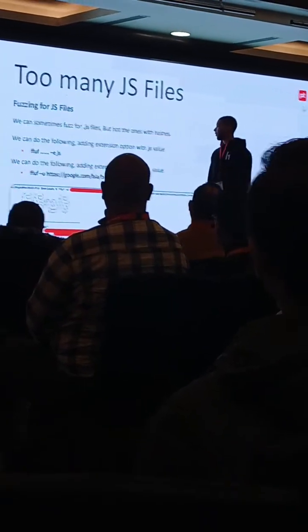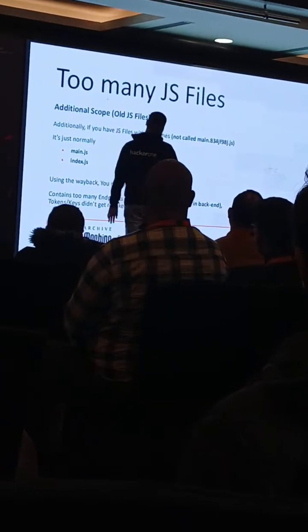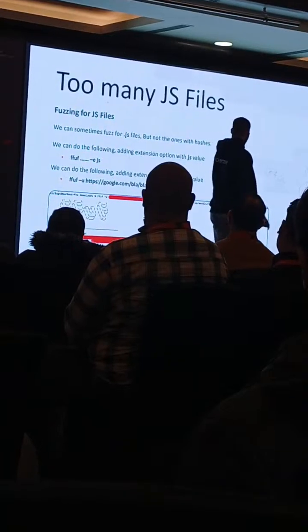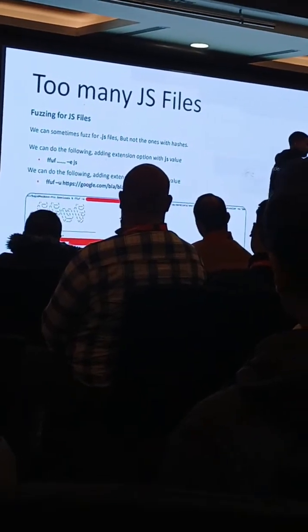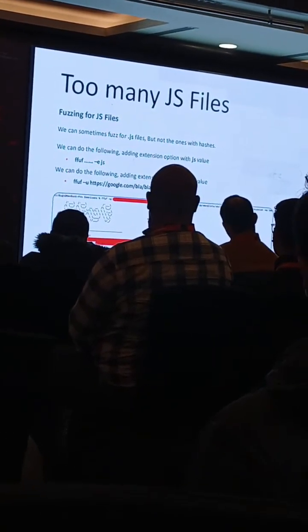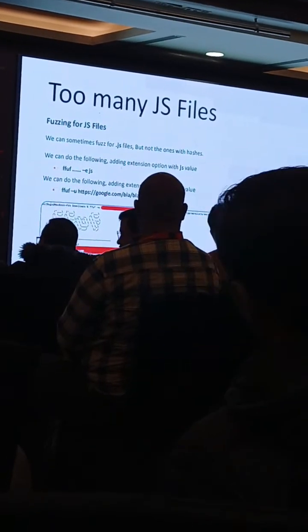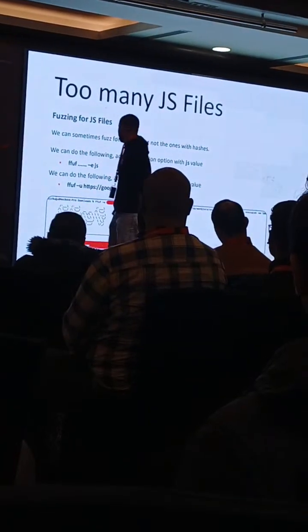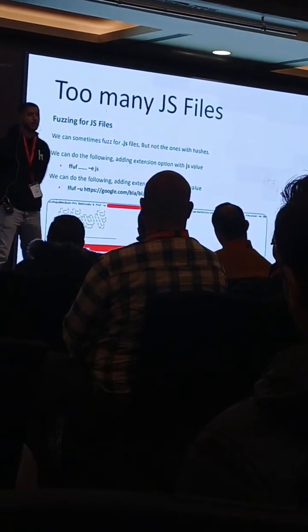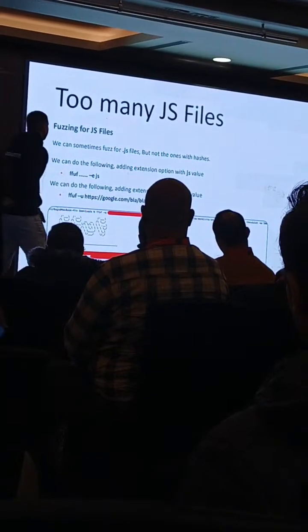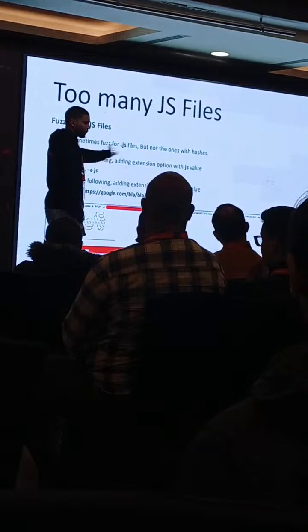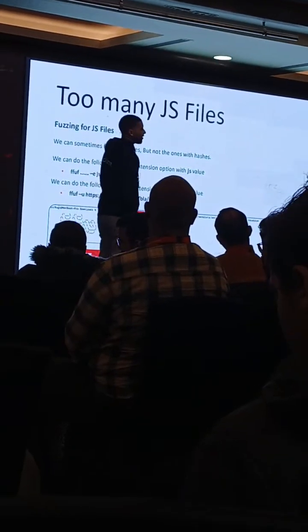And fuzzing for JavaScript files. If it doesn't have this hash, we can fuzz, okay? Like adding the flag -e js. Mine is kind of messy here because I'm using one list for all, but you should use a shorter wordlist. That was a screenshot for the slide. So it's either providing the URL with js, or just normal fuzzing using the extension js.